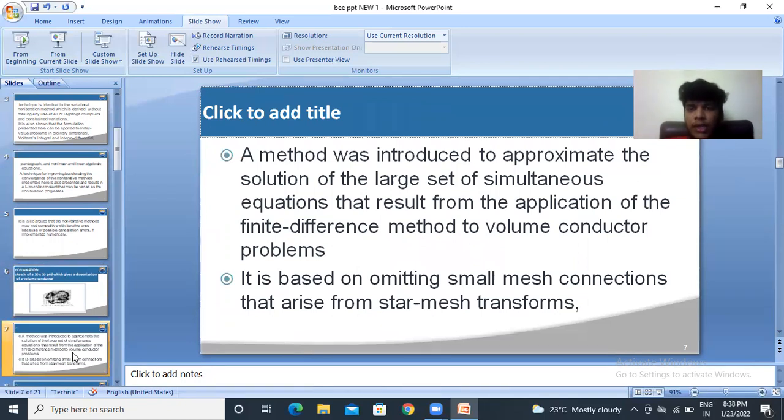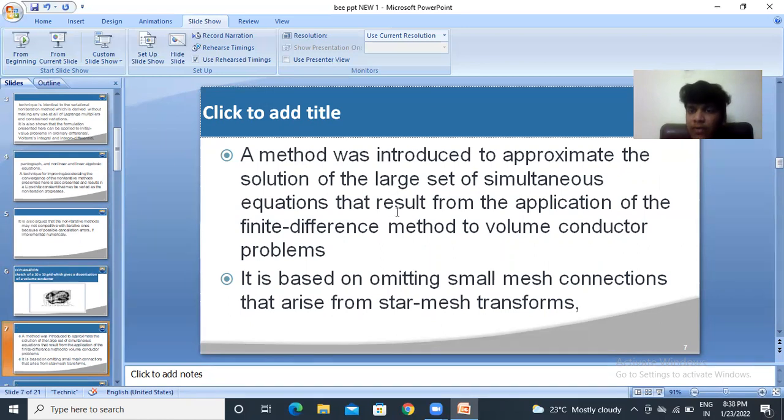A method was introduced to approximate the solution of the large sets of simultaneous equations that result from the application of the finite difference method to volume conductor problems.